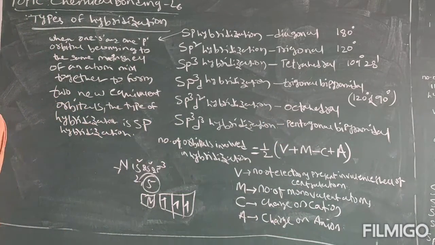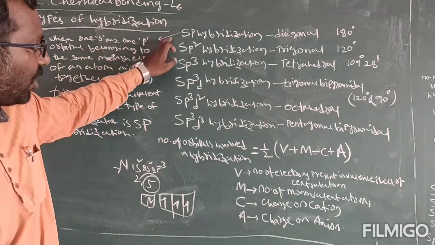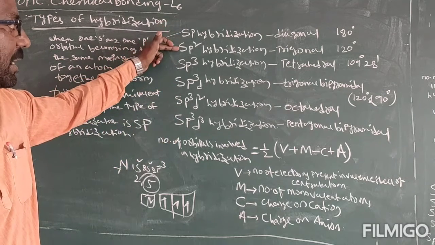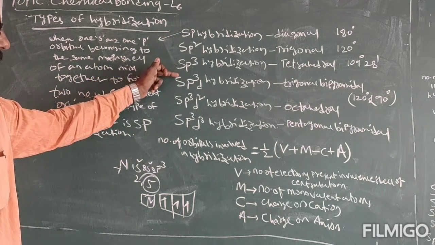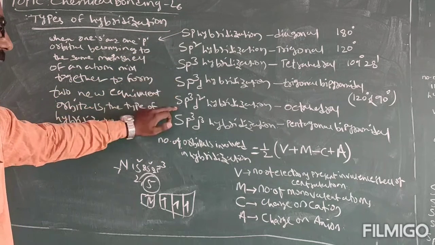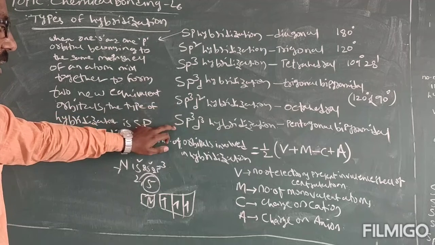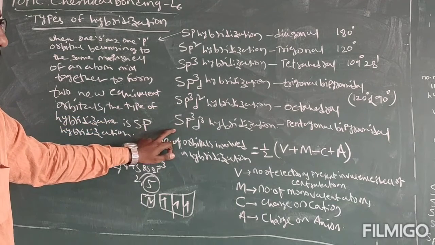Types of hybridization: sp hybridization, sp2 hybridization, sp3 hybridization, sp3d hybridization, sp3d2 hybridization, and sp3d3 hybridization.